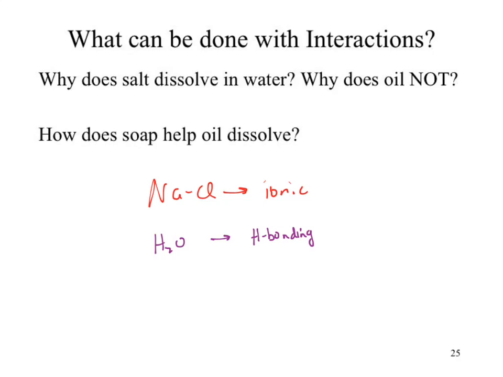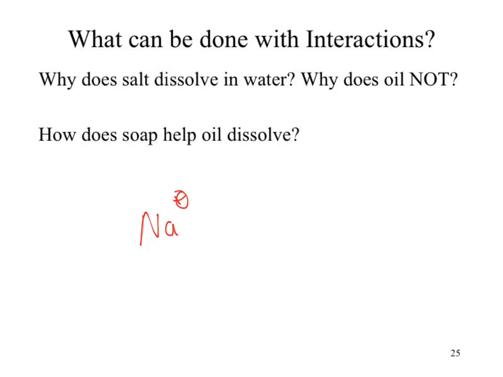The reason why water can disrupt the really strong ionic force is not because we're generating a single interaction. When we look at sodium chloride and water, it dissociates into its ions. And if we look at the strength of the attraction between the ions versus the strength of the attraction with water, this is where things get kind of interesting.